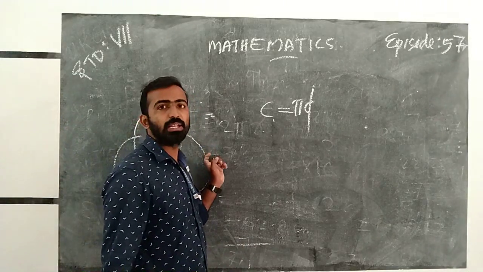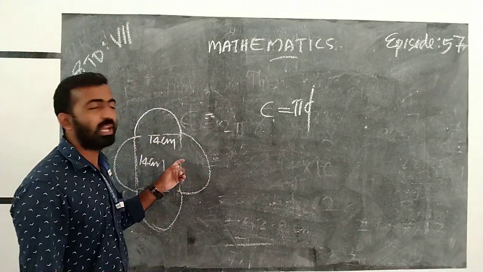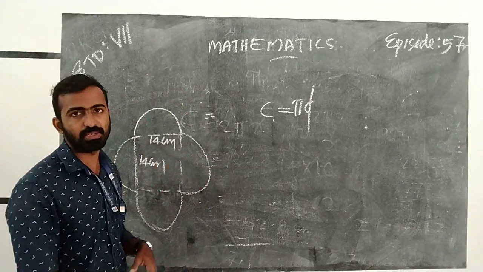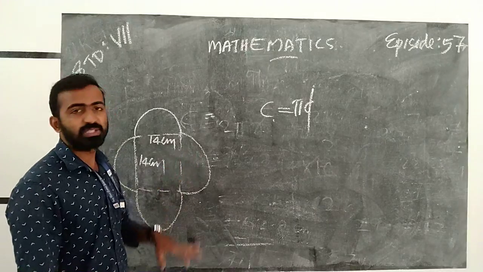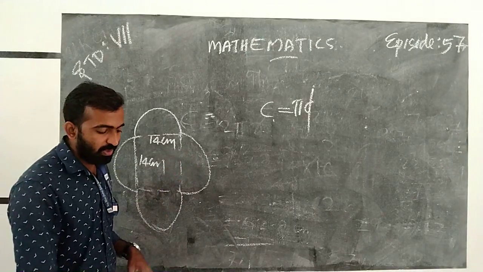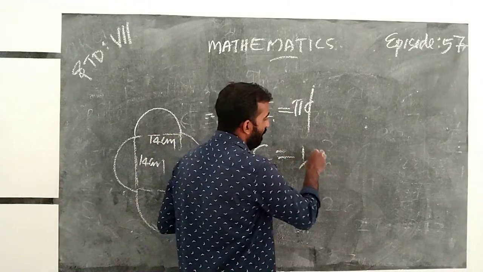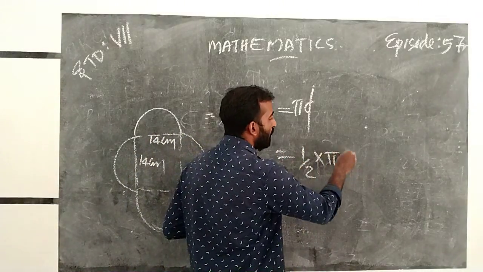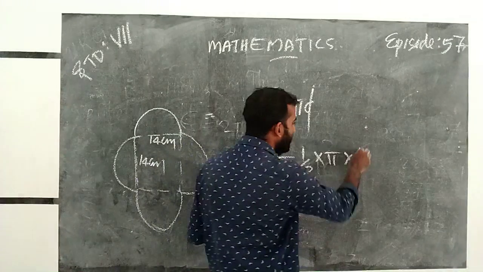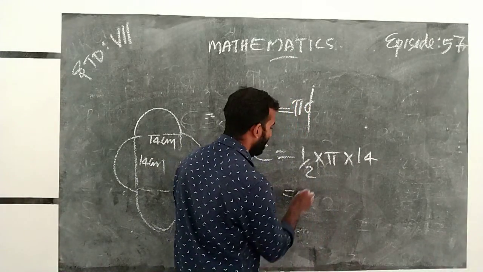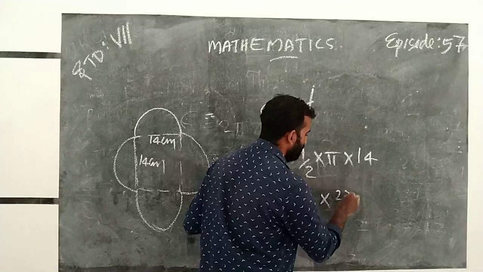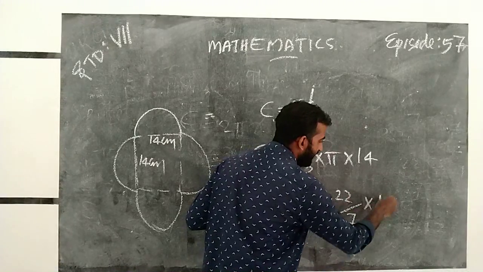Only we want the circumference as half, because this is a semicircle, not a full circle. So we take 1 by 2 into pi into d, that is 1 by 2 into 22 by 7 into 14.